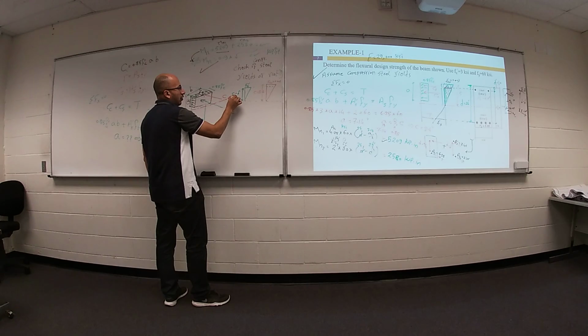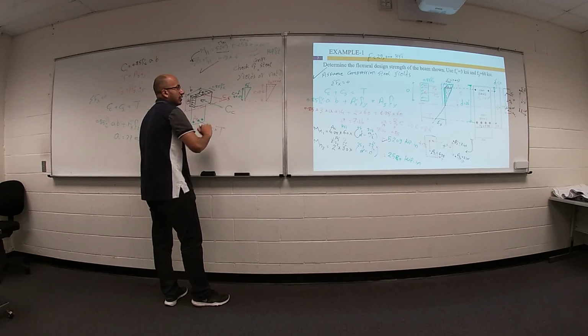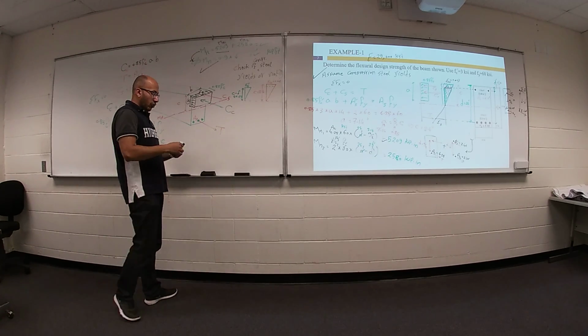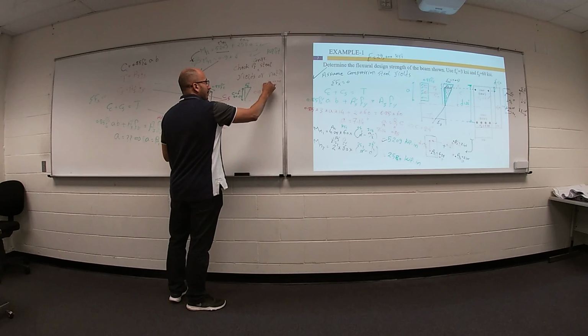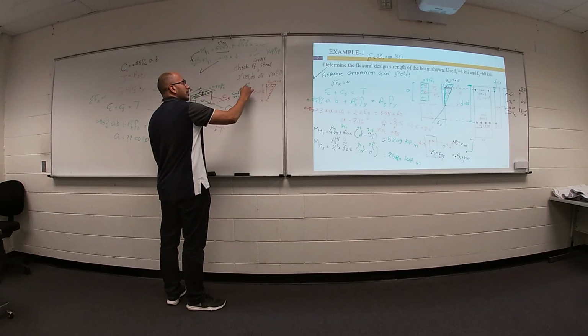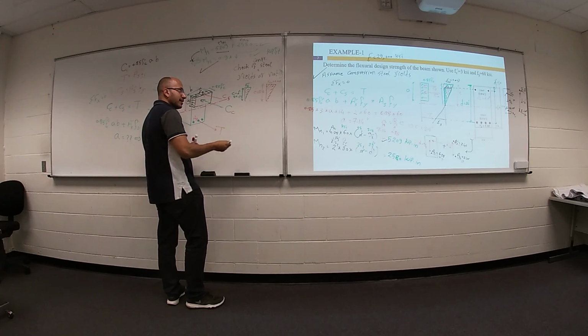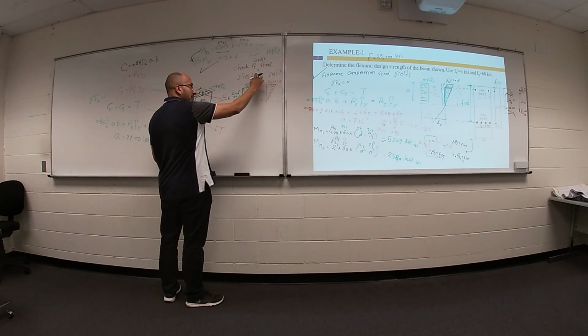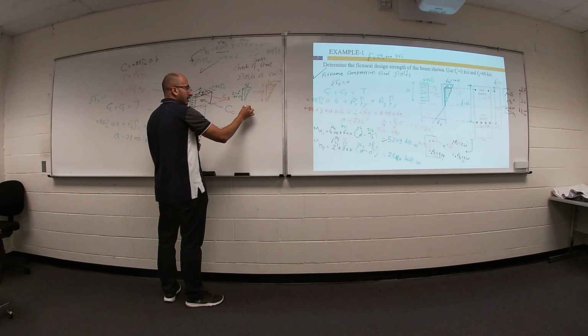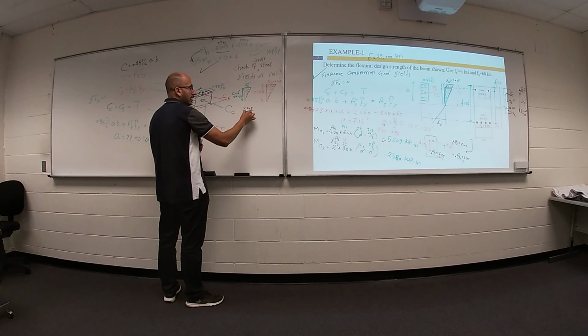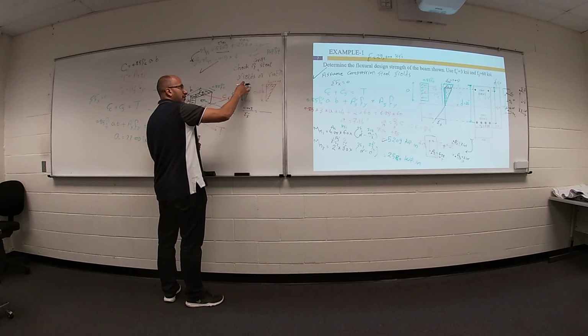So 8.4 minus 2.5. Do you agree? So this triangle is similar to this triangle. What is the meaning of triangle similarity? It means this term divided by this term equals this term divided by this term.